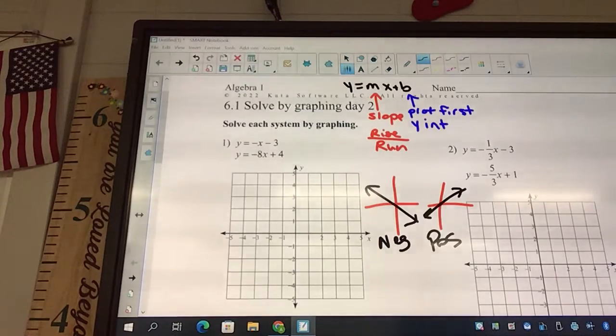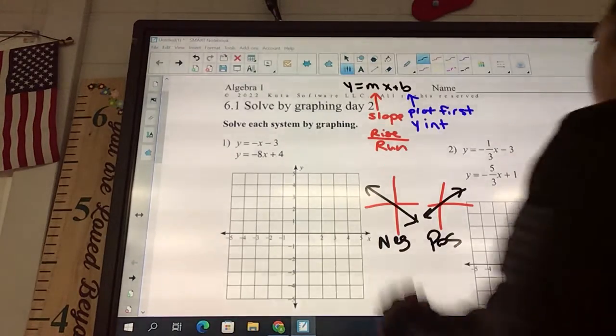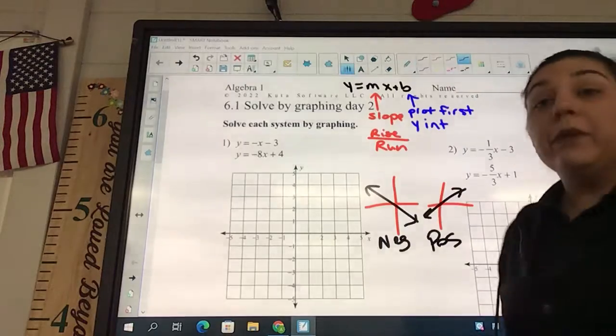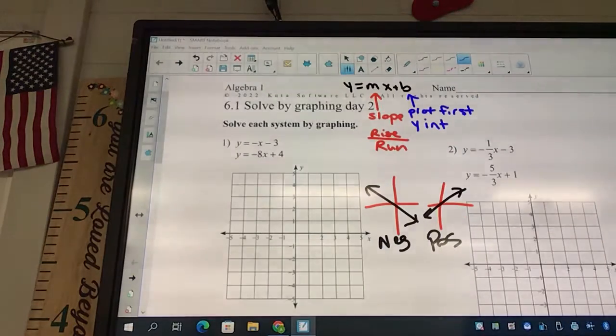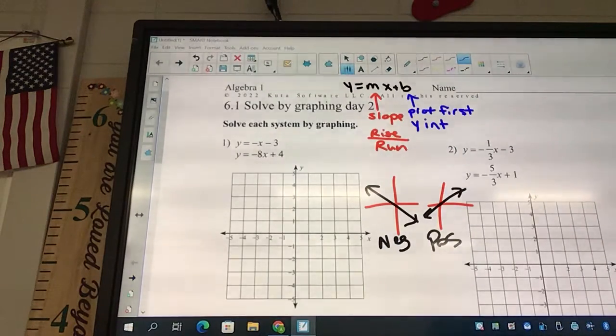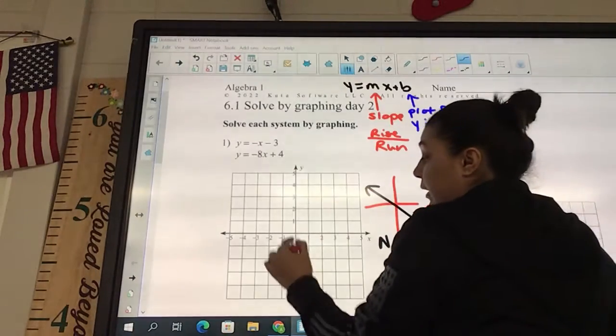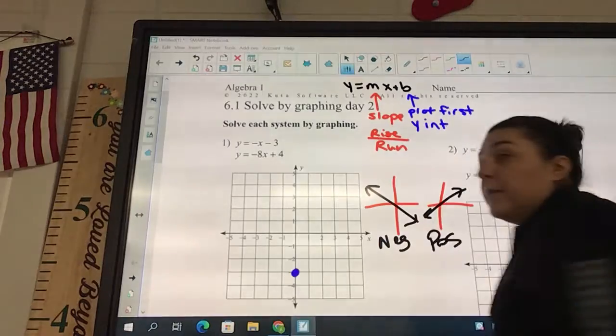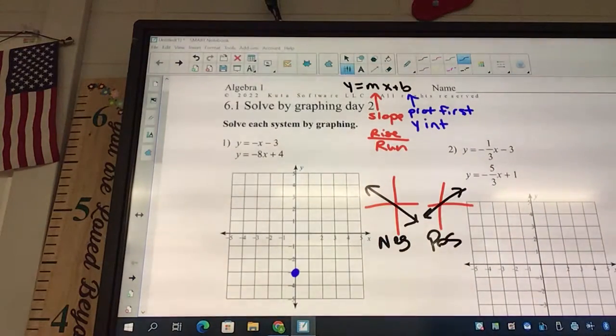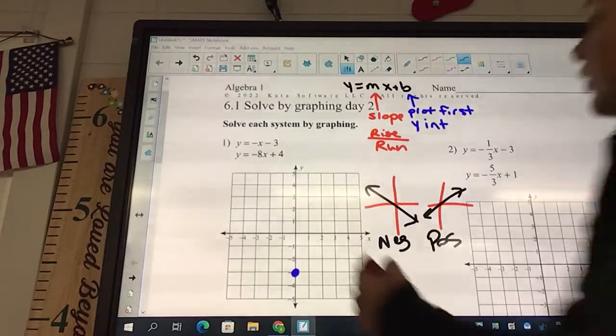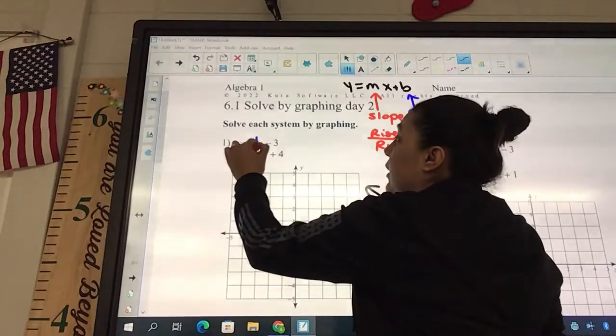So when we graph this first one, and I have colored pencils too, so if you want to use a colored pencil for one line and a pencil for the other line, you're more than welcome to. So we start at -3, and our slope is -1. There's really a 1 in front of this x, and so it's really -1/1.